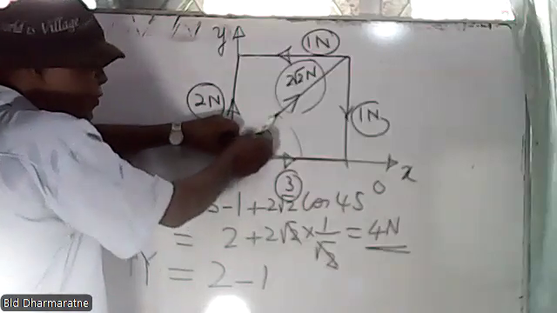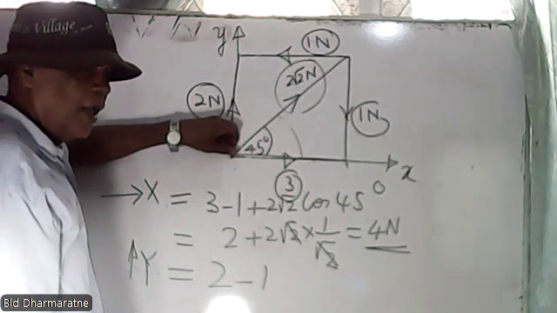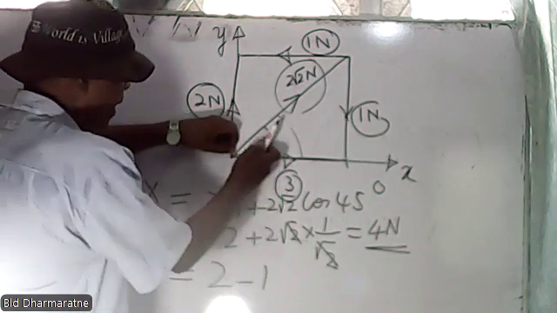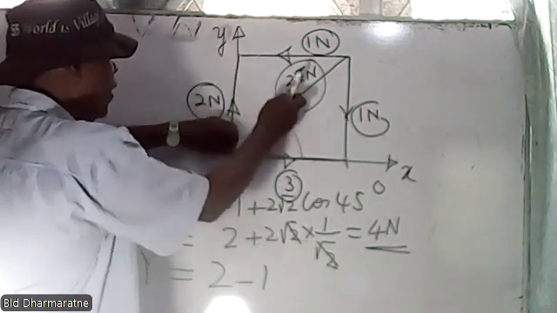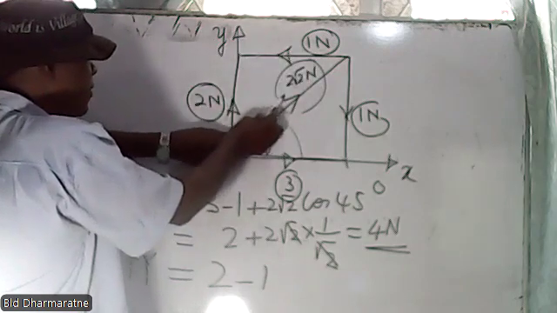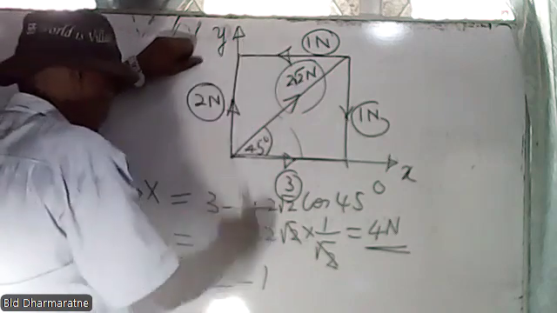How to resolve the inclined force? We take the horizontal angle, 45, and here you have to take sine. 2 root 2 sine 45, arrow in the Y direction.